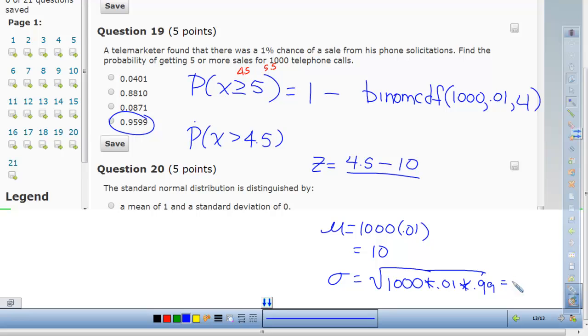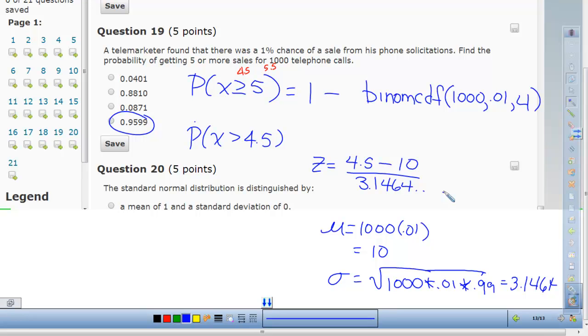You agree? Okay, good. So, 4.5 minus 10 divided by 3.1464.